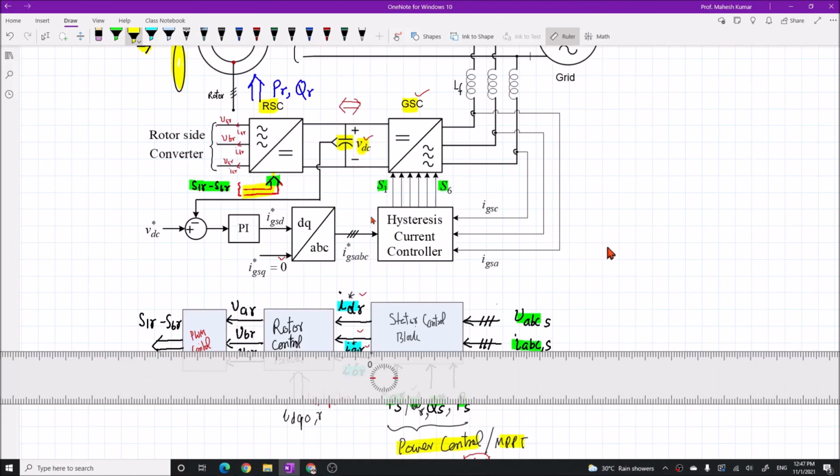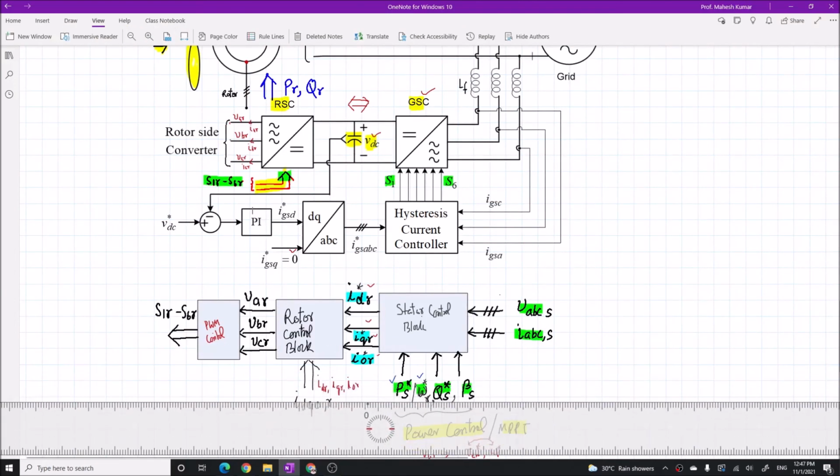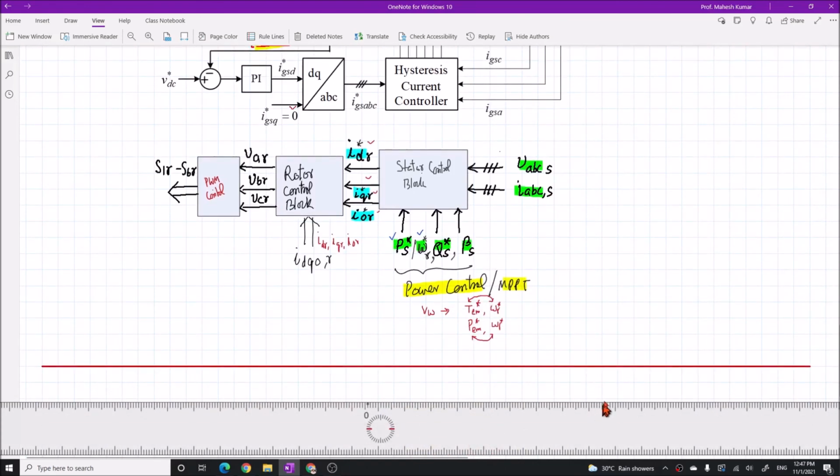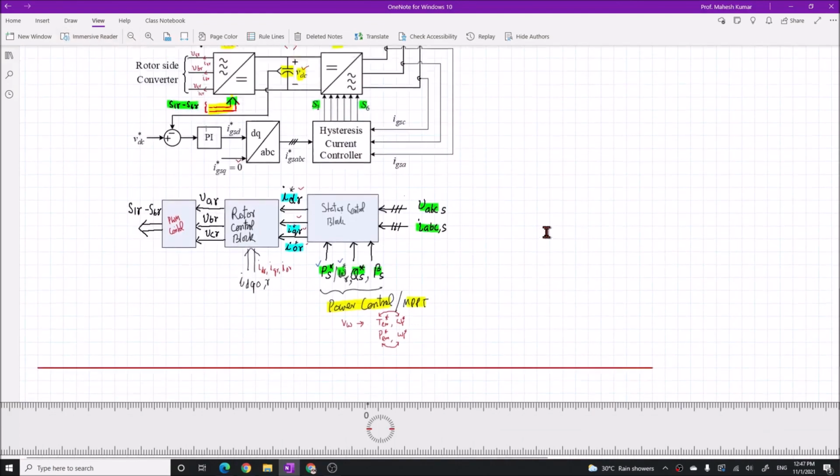So this is the complete control scheme for the DFIG, and there are many more details which I have not explained here. Maybe those who will take up research in the microgrid control of the DFIG can go through, but this is the overall view of the closed loop control scheme of the DFIG.